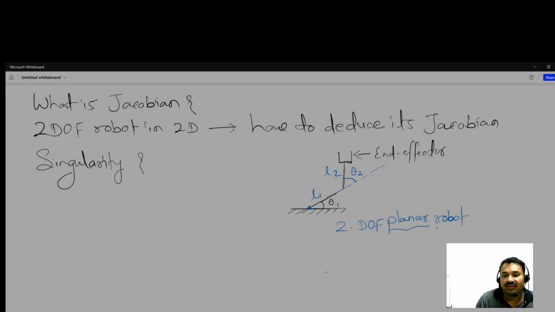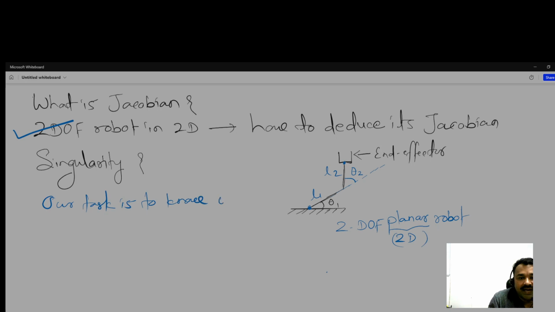Planar means only 2D. Okay, now we have to know where our robot is. Now our task is to know where our robot is, means where the end effector is.